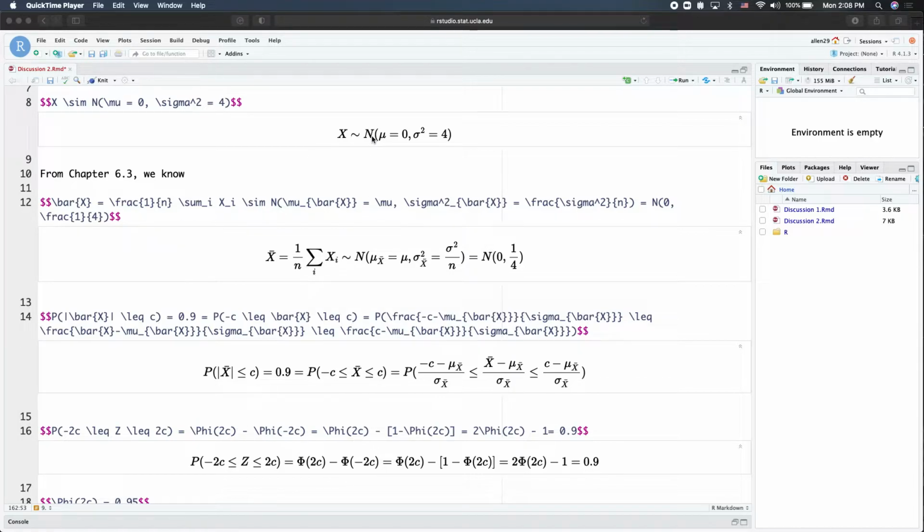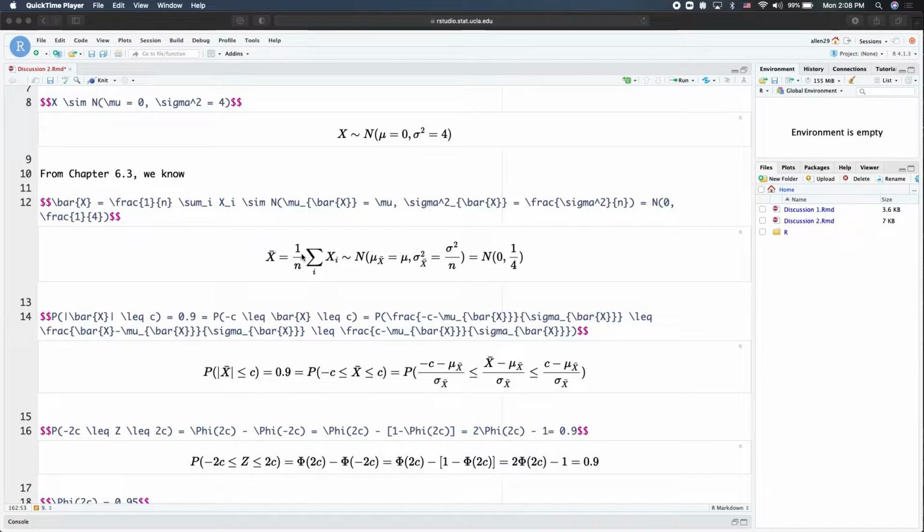Because individually they follow a normal, by taking the average they also follow a normal. The mu of x bar in this case is equal to mu: we have n copies of mu, and then we divide by n, so it stays as mu. But for the variance, we have n copies of sigma square, so n multiplied by sigma square.